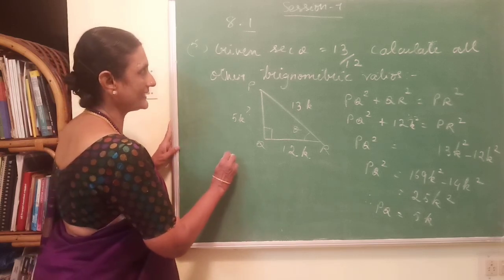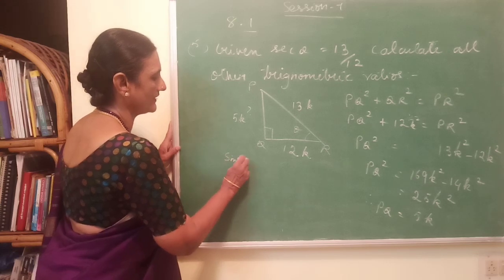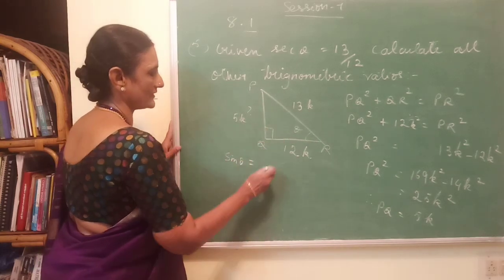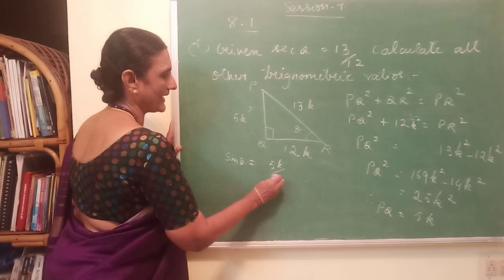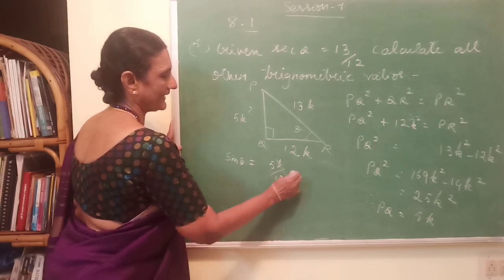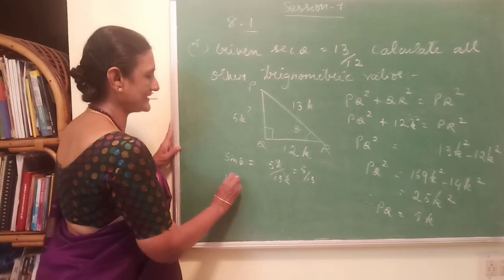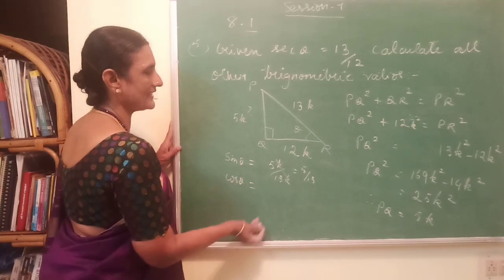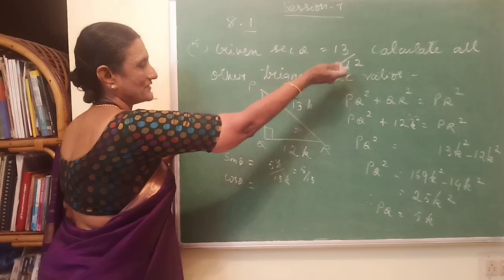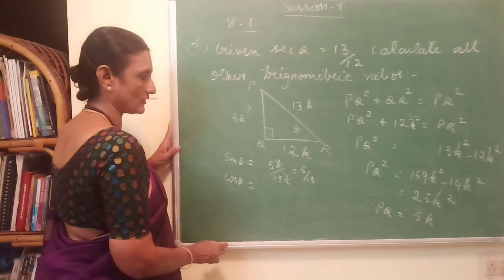Therefore, sin theta is equal to opposite by hypotenuse. So 5k by 13k, the k's cancel, it is 5 by 13. So what is cos theta? Cos theta is obviously the reciprocal of secant. We can directly write from that also.